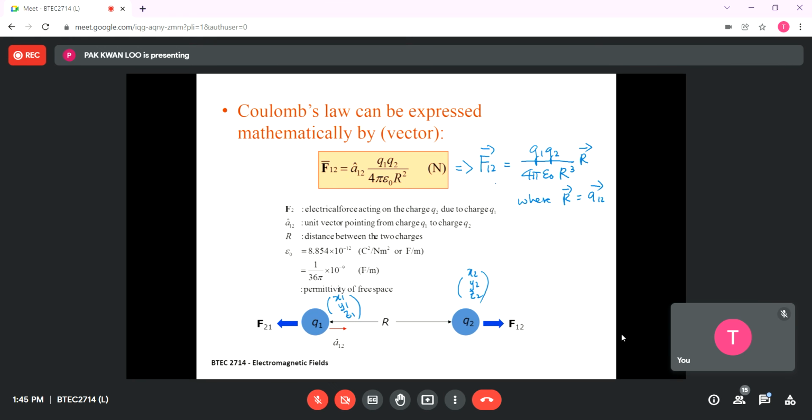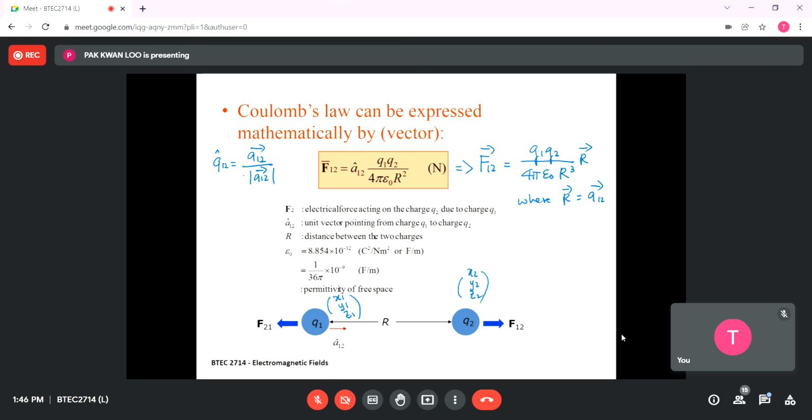How do I rewrite this? Bear in mind the unit vector is equal to the vector A12 divided by the magnitude of A12.